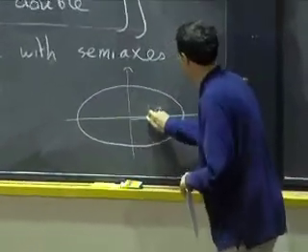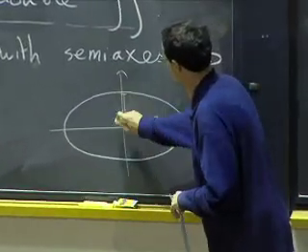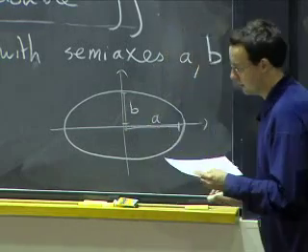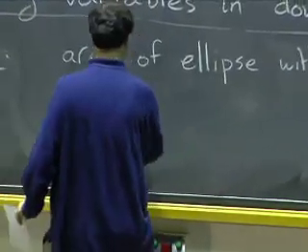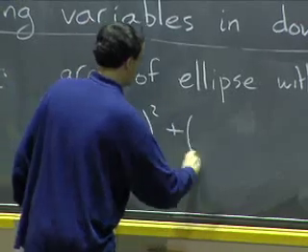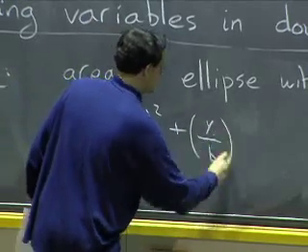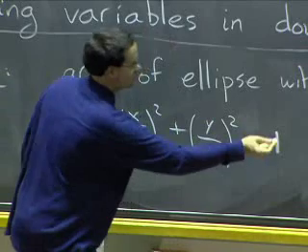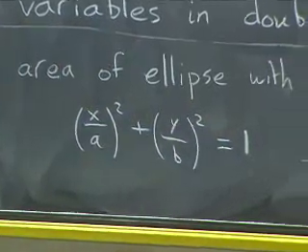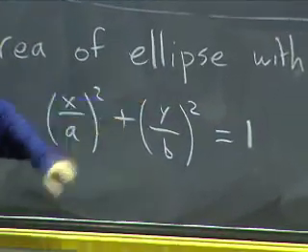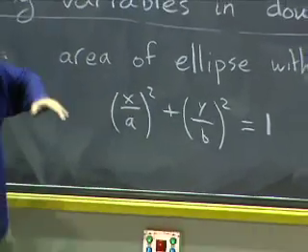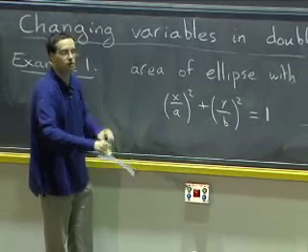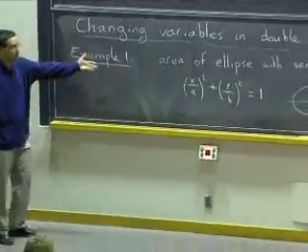So there's A and there's B. And the equation of that ellipse is (x/A)^2 + (y/B)^2 = 1. Well, that's the curve. And the inside region is where this is less than 1. So it's just like a circle, but where you have rescaled x and y differently. So let's say we want to find the area of that.